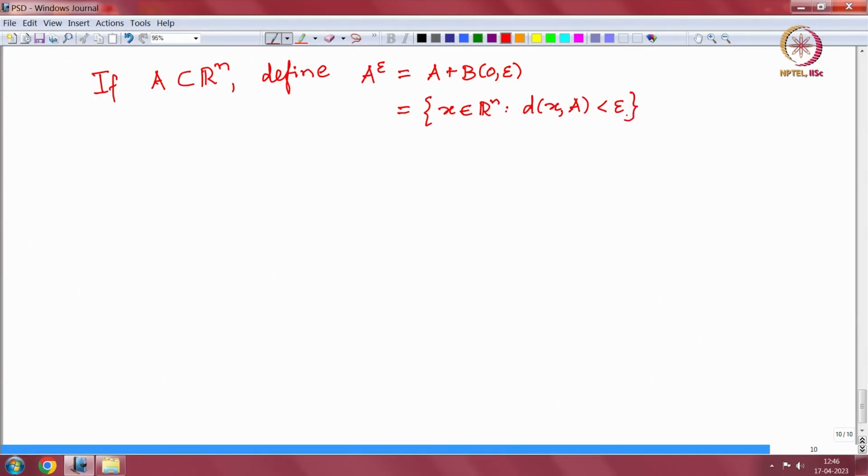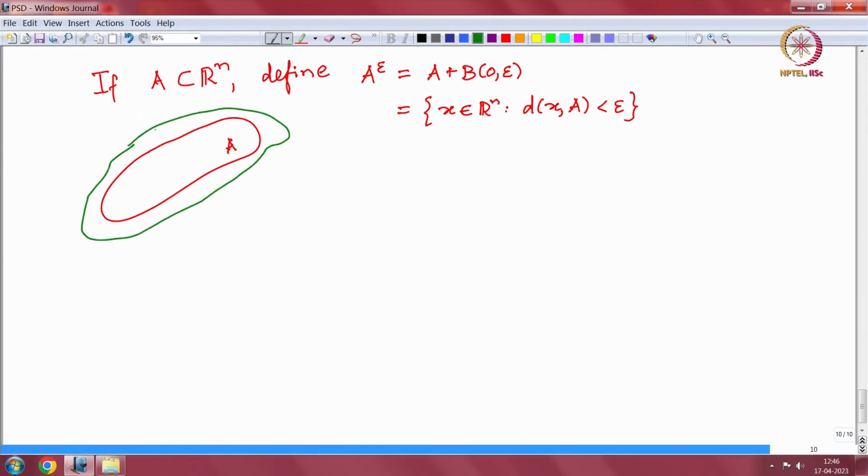Geometrically, suppose this is A. Then A epsilon will be this, including A, of course. That is just translating every point.